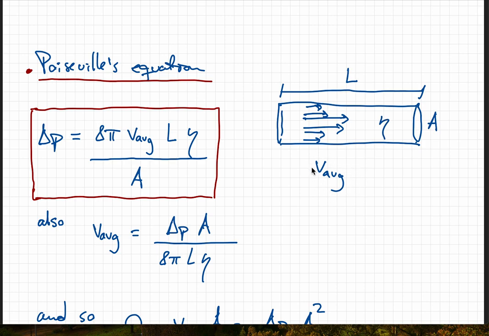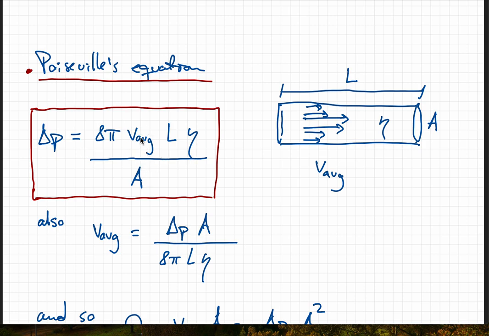If you have all those parameters, then the pressure difference you need between one endpoint and the other endpoint of the pipe is 8 pi times that average speed times the length times eta divided by A. So if A grows, then you need less pressure. If L grows, you need more pressure. And if eta grows, you need more pressure, and so on.